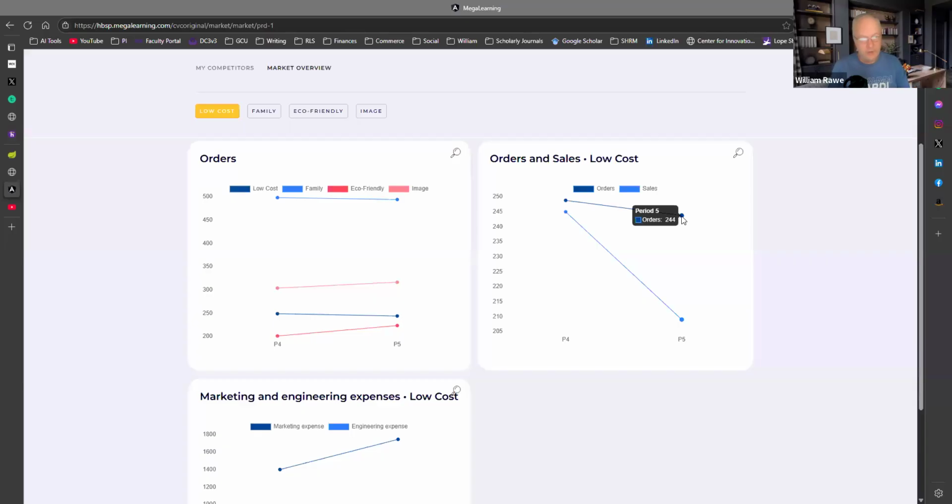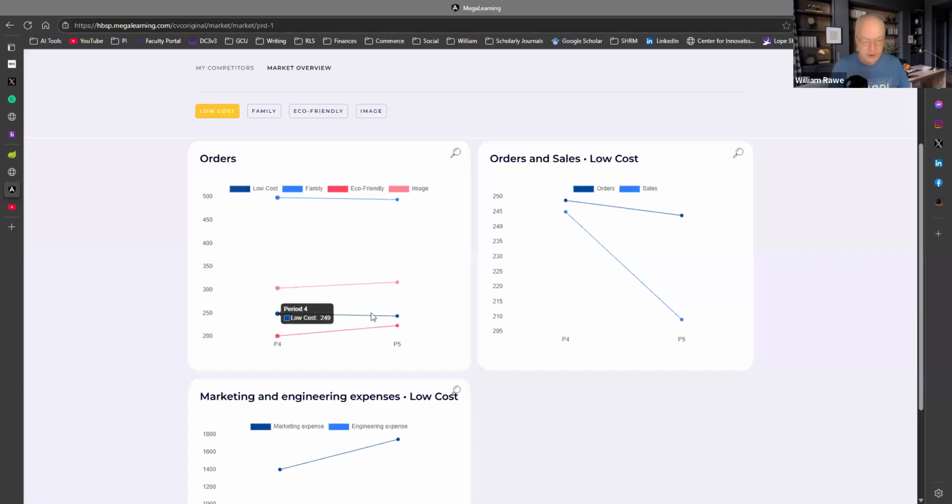So that includes all the teams, 244 orders, only 209 sales. That means there were about 30 cars or so orders that were placed that are not filled, and those sales are lost because there's no back orders in this game. That also tells you there's opportunity between 209 and 244 to sell some additional cars.